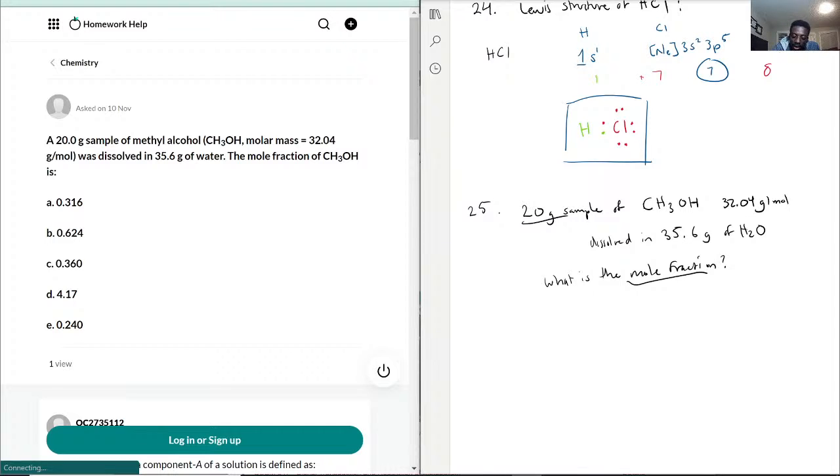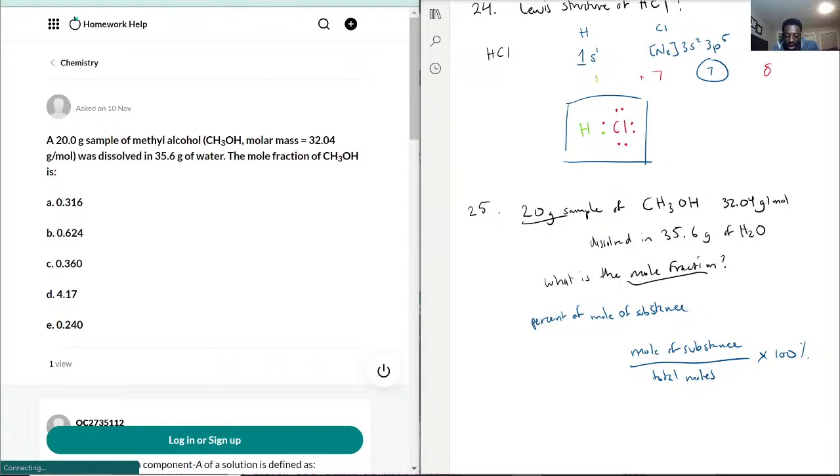It's going to be percent of mole of substance, and that can be found with mole of substance over total moles times 100. That's how you calculate the molar fraction.